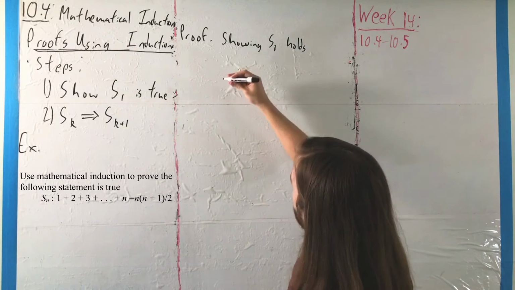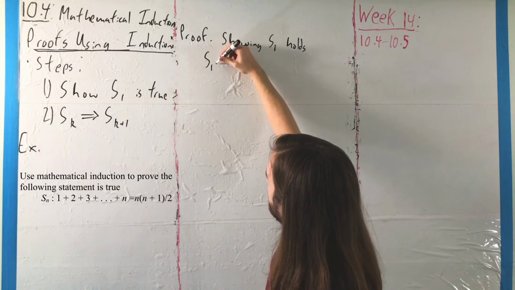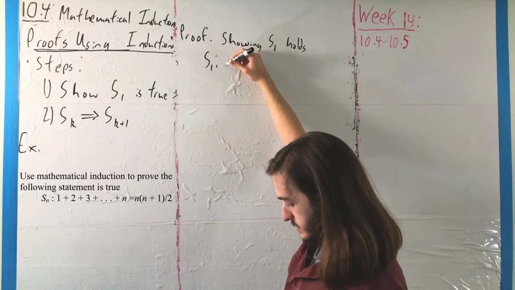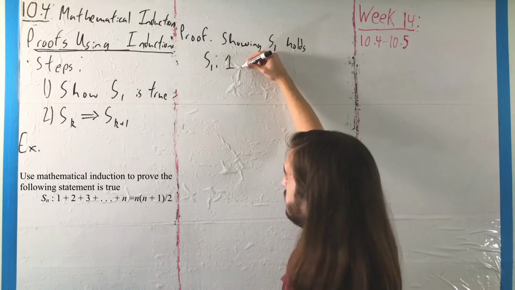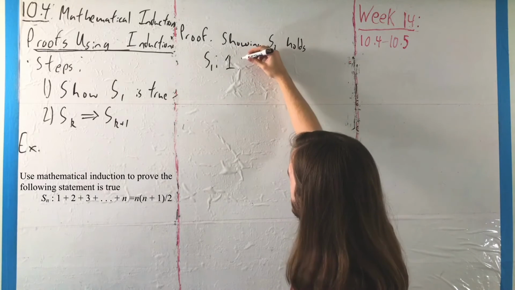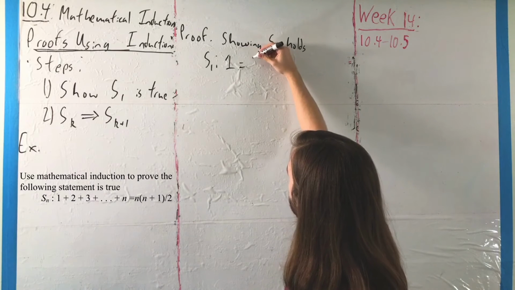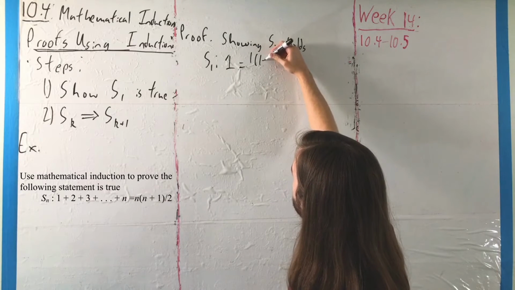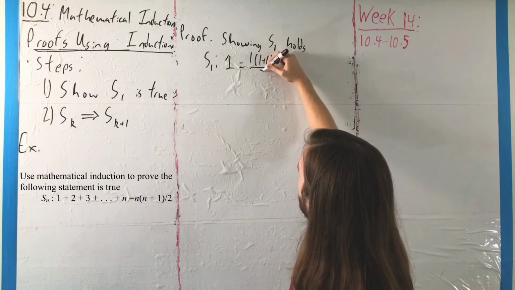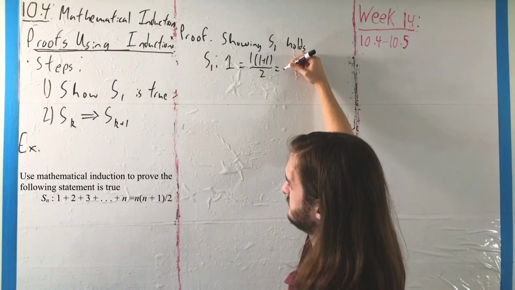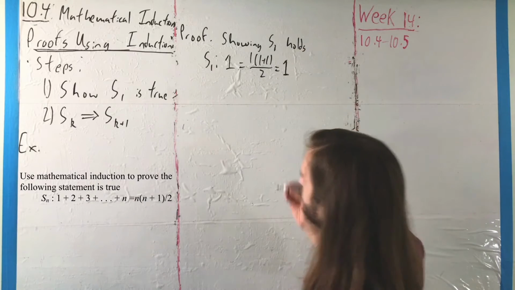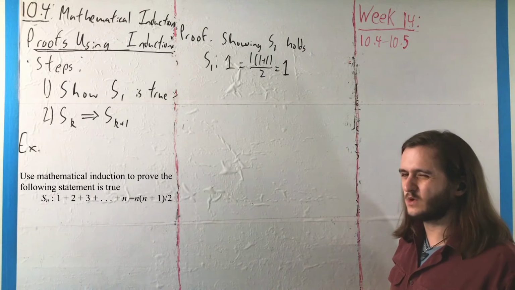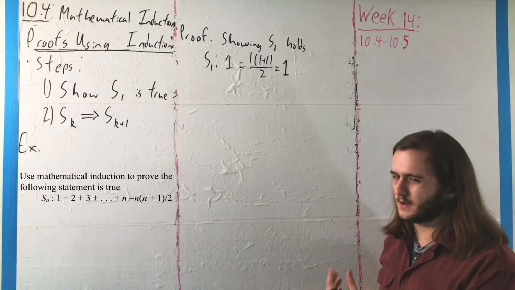So if we're showing S1 holds, well, we need to say what S1 is, where in this case, S1, as we saw earlier, is the statement that the first 1 natural numbers added up is equal to 1 times 1 plus 1 over 2, which here is just 1. And as I said earlier, usually S1 is like a half step above being given.